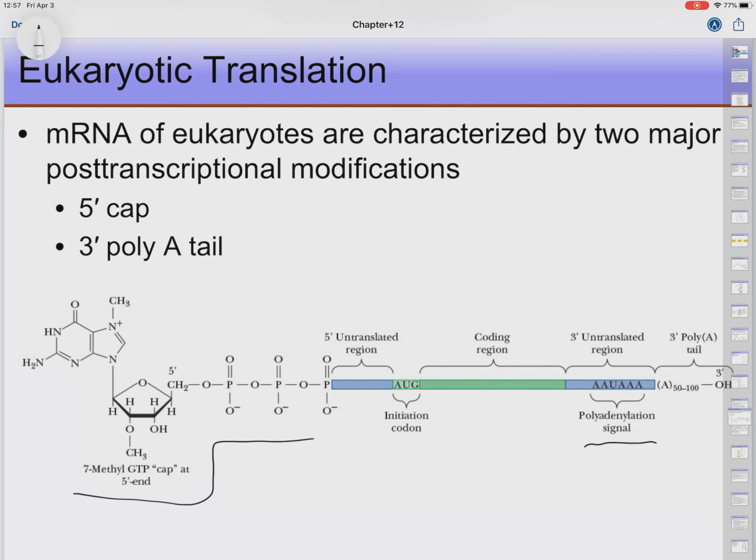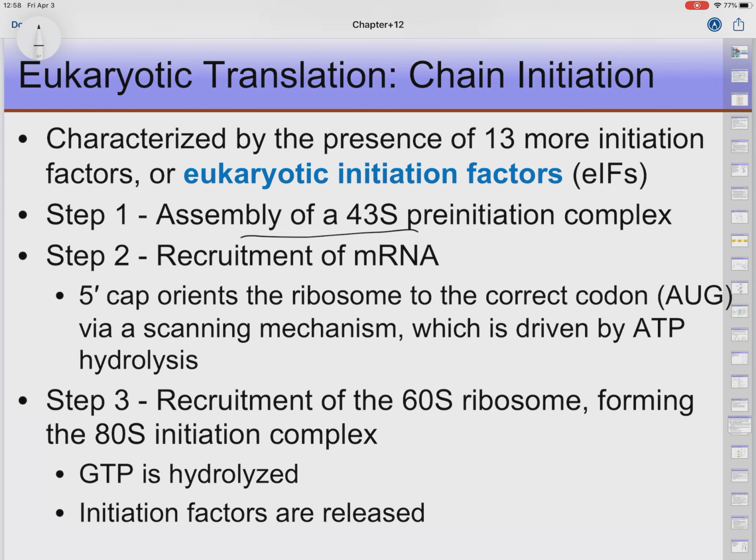It orients the ribosome to the correct start codon via a scanning mechanism. We're going to take a look at that, and this is, of course, ATP driven. Then step 3 is recruitment of the 60S ribosome, forming the 80S initiation complex. Again, we hydrolyze GTP, and all the initiation factors get released.